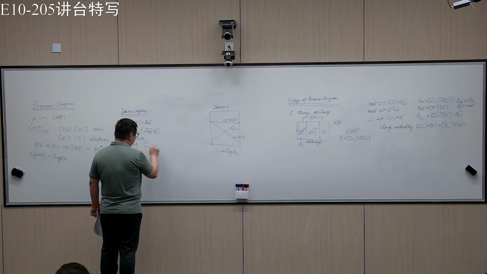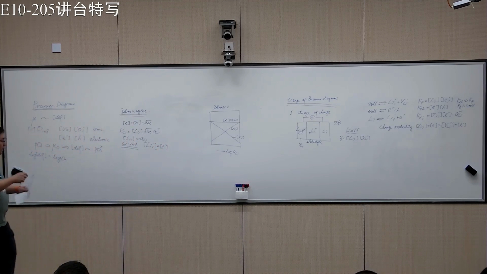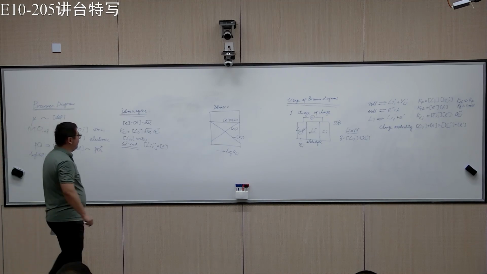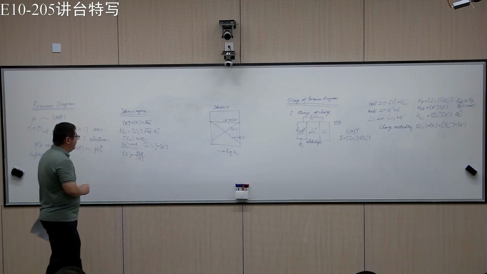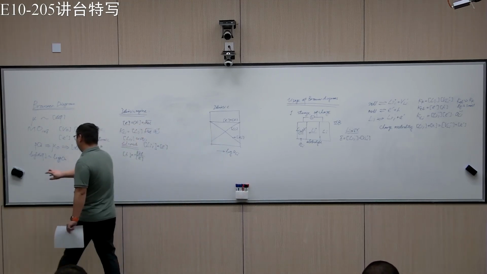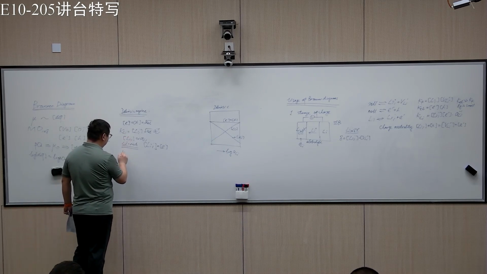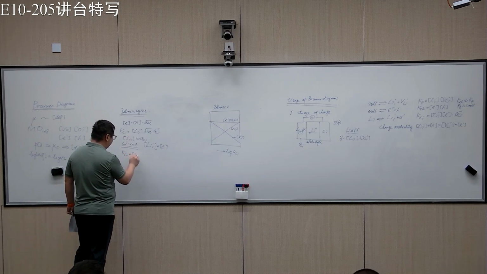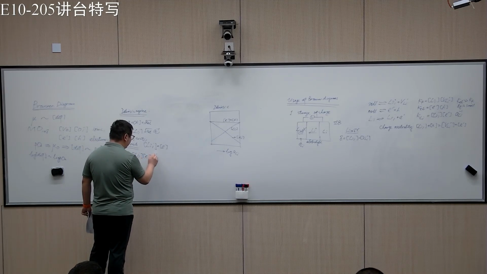So you have the amount of lithium interstitials the same as the electrons. Then the holes are KEL over the amount of this one. Sorry, let me solve for these two first. K lithium is the interstitials times electrons times the activity of lithium to the minus 1.